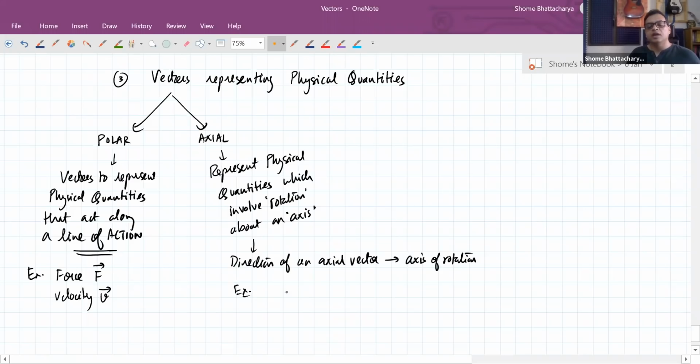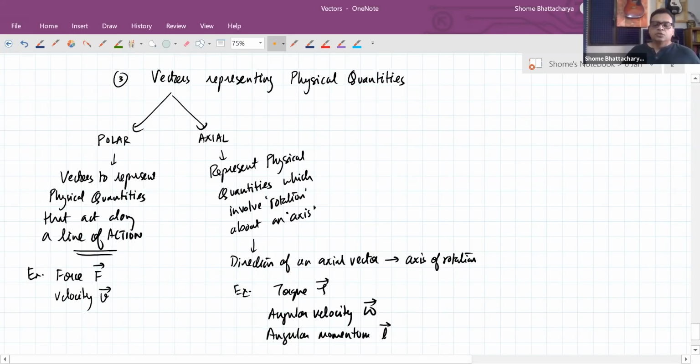Examples are all angular quantities like torque, angular velocity, angular momentum, and things like this. So in the case of axial vectors, the direction of the vector represents the axis about which the rotation is happening for that particular physical quantity. Whereas in the case of polar vectors, the direction represents the line of action along which the vector is acting. This is also something we should be mindful of.